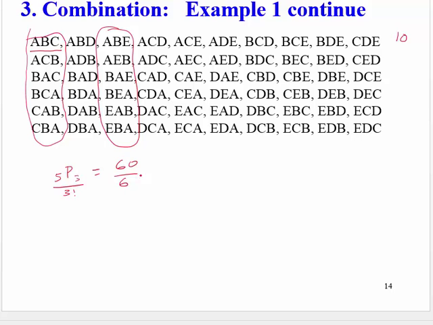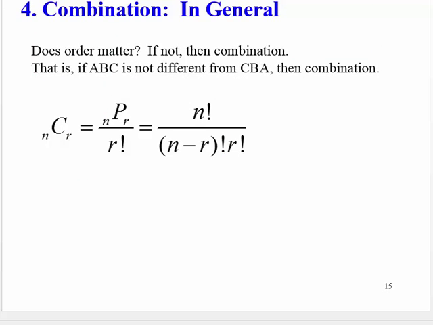So we divide by 6, and we get 10. And that's why it works. So in general, when order doesn't matter, then you use combination. That is, if ABC is not different from CBA, then use combination. And combination is just NPR divided by R factorial, which is this formula.